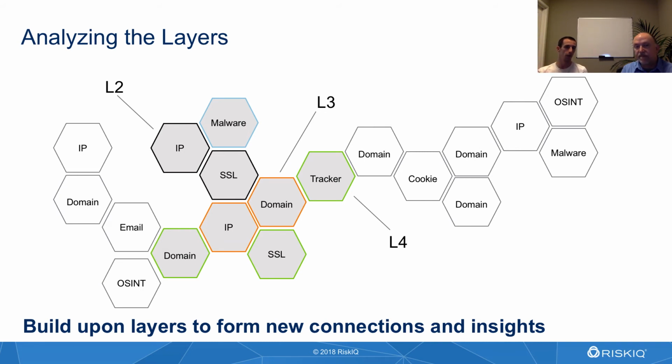And then at layer 4, that domain that we got from the SSL certificate may in fact be hosting a web page. And that web page might include an analytical tracker like Google Analytics that then gives us more connections. Or it might have an older SSL certificate associated with it. Or that IP address that we found hosting that SSL certificate might have another domain that we did not see.